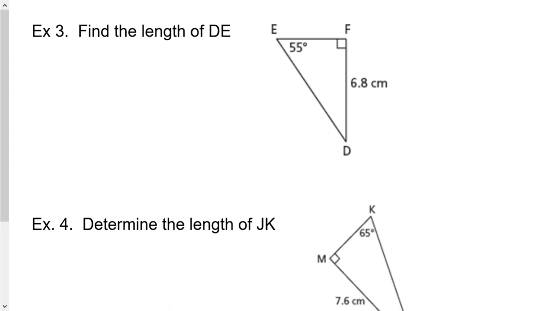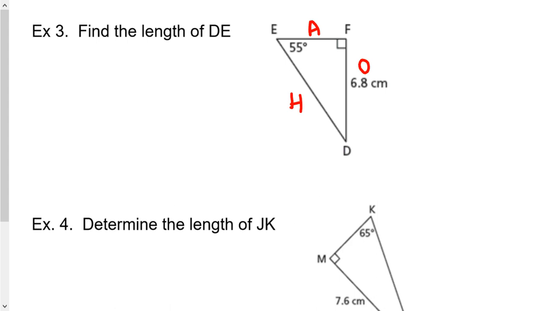So let's do a couple more. Take a minute, pause. I want you to give these a try. See if you can choose the right ratio and solve for that unknown side length. So find the length of DE. If I label my sides, it looks like this is opposite, adjacent, and hypotenuse.